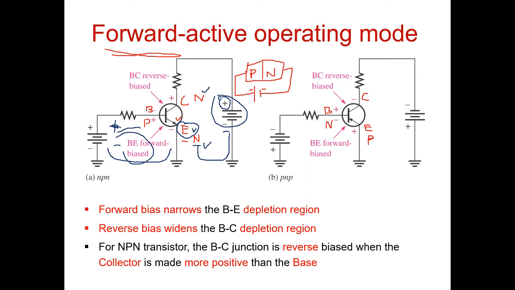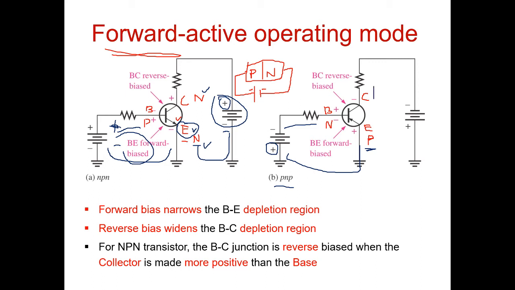And also for a PNP transistor, you look at your emitter part. Your emitter is P-type, so you must connect your P-type to the positive source. Another source of the battery, you connect to the N-type, the base. So what happens to the collector part?